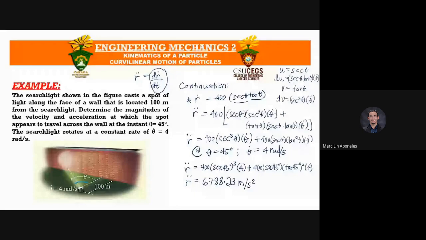As for theta double dot, continuing, our angle theta is 45 degrees, but our theta dot is 4 radians per second, especially since this is a constant.